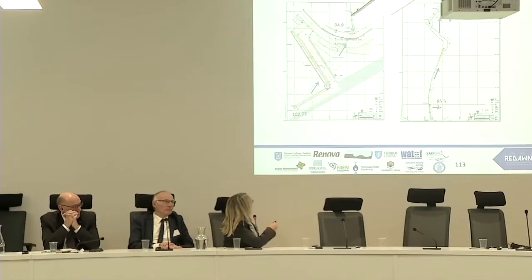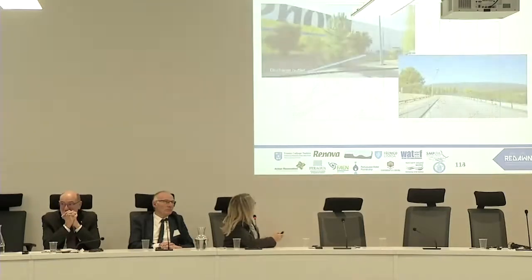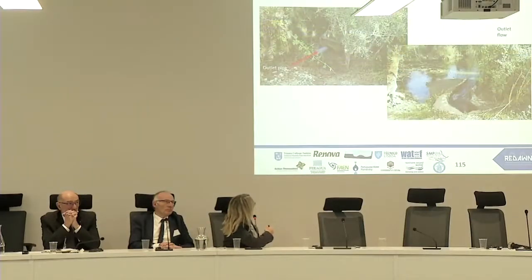This is the drawing of the penstock with the levels marked here. And this is a view of the outlet discharge, underground past this street, which has to reach the river down at the bottom.